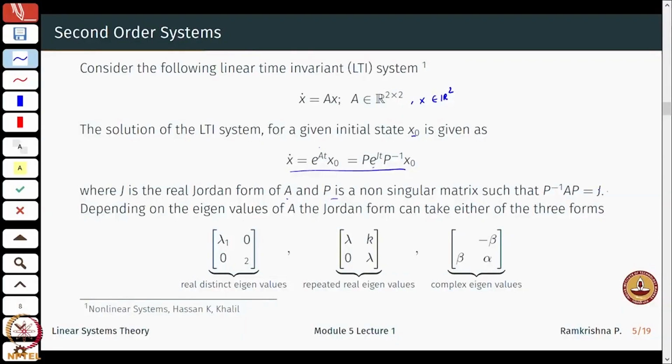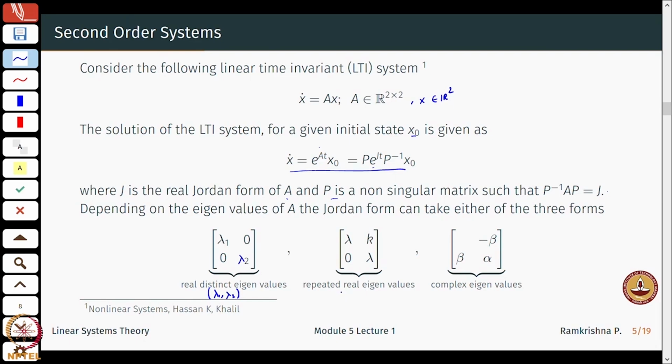First is when the eigenvalues are real and distinct. The Jordan form will just be a diagonal. This should be a lambda 2 here, which means that the eigenvalues are lambda 1 comma lambda 2. In this case, I will realize a nice natural diagonal form.